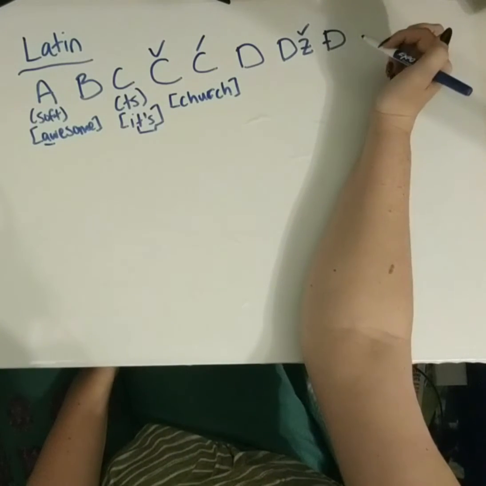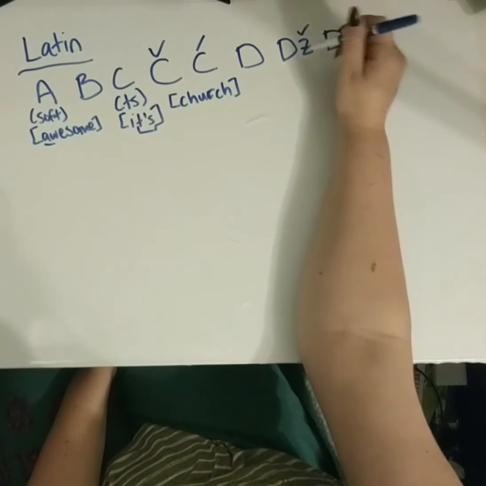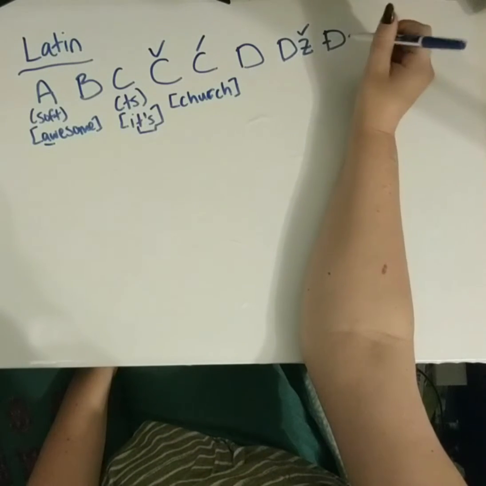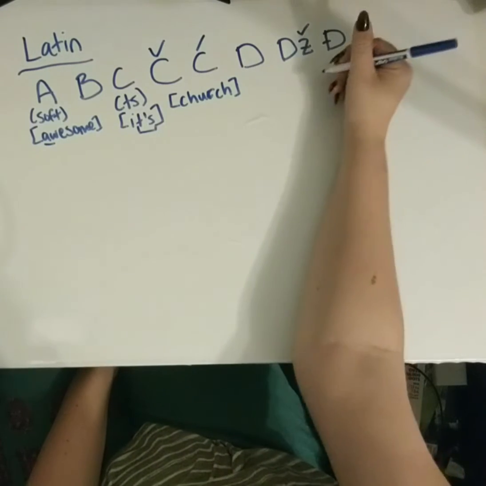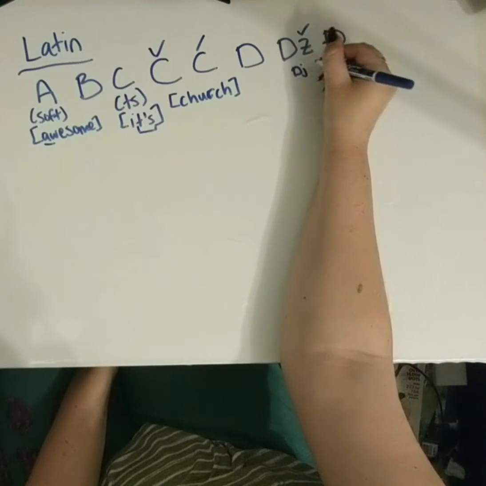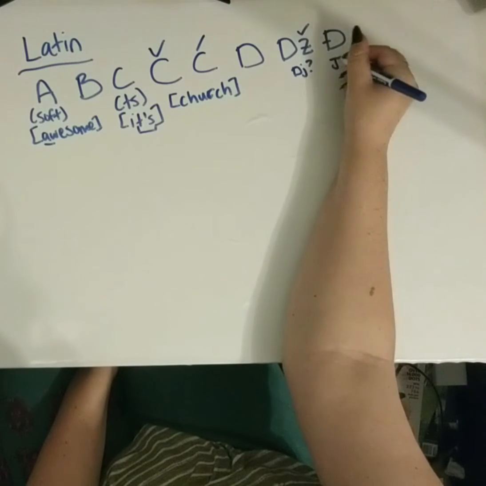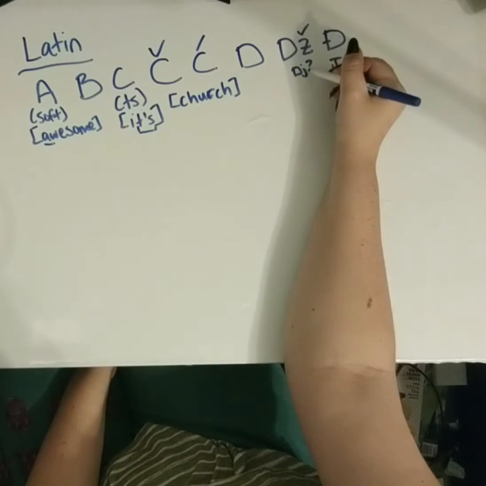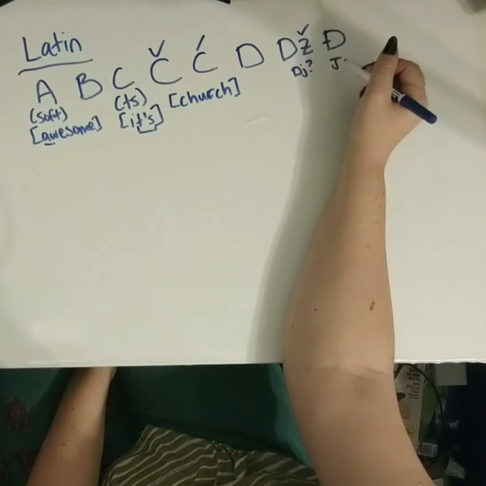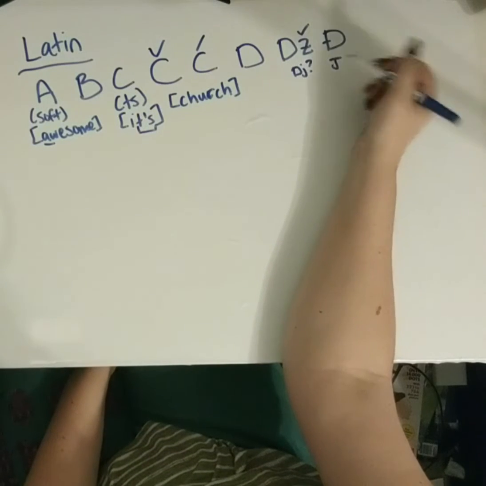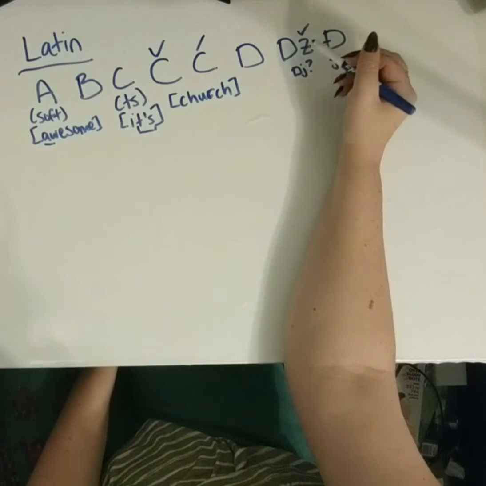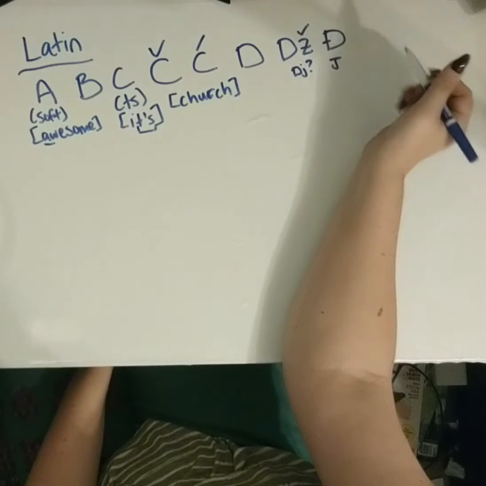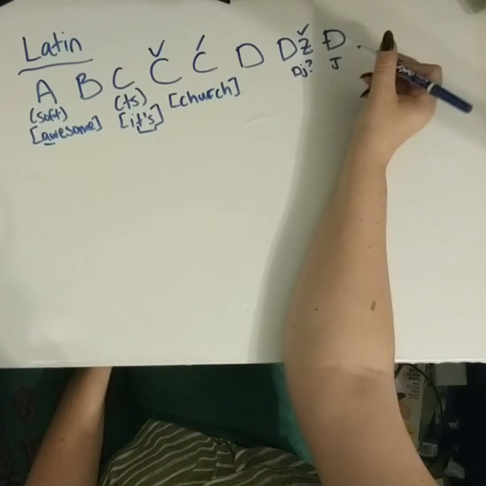So from what I can gather, because I didn't get this explained to me, I just listened to a lot of tutorials very closely, this is more of a soft J sound, and this is more of a hard J sound. Does that make any sense? Like this is a harder J, and this is just a J. See, I couldn't find anyone that could explain it more than that.